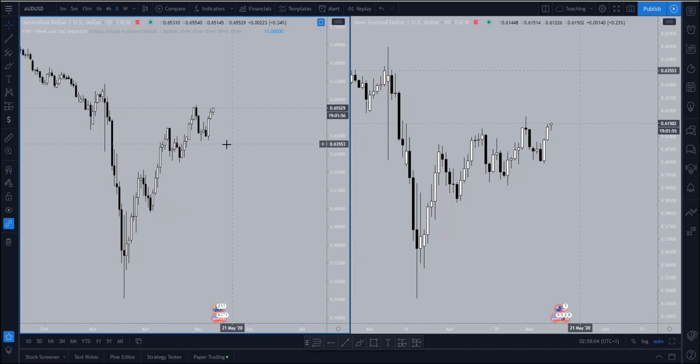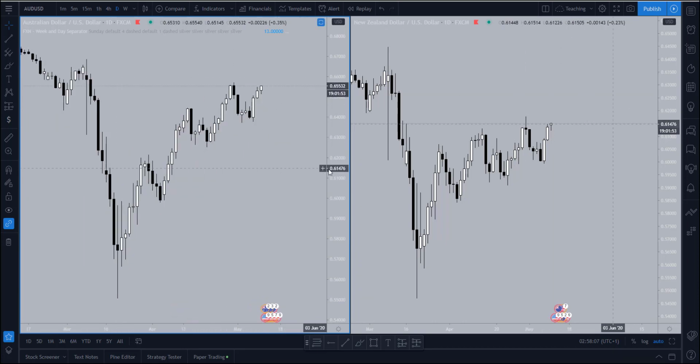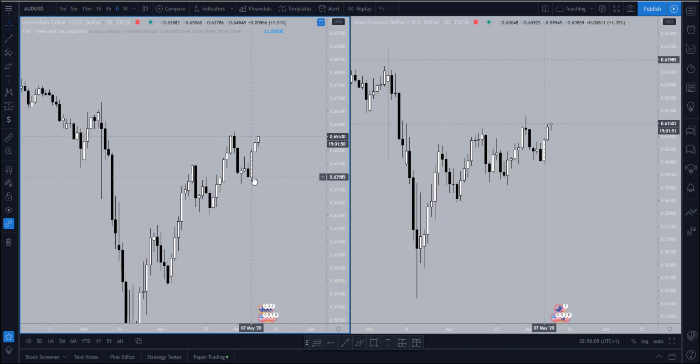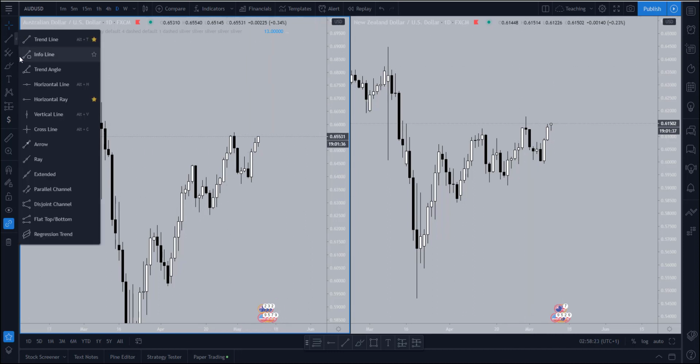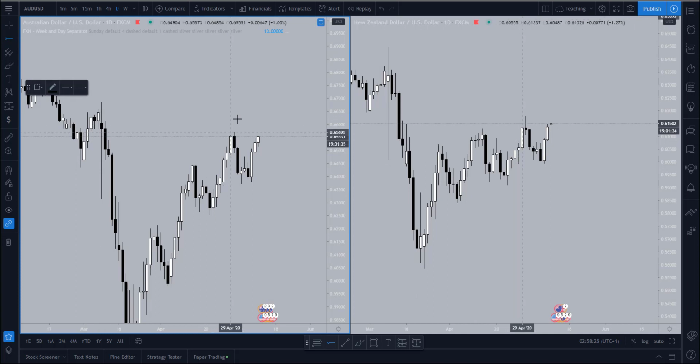What I'm looking for this week is a run above this high, and then I'll start looking for possible reversal to the downside. I'm looking for a run above this high and then a rejection, and then come back down here. That's something I'm watching for this week.